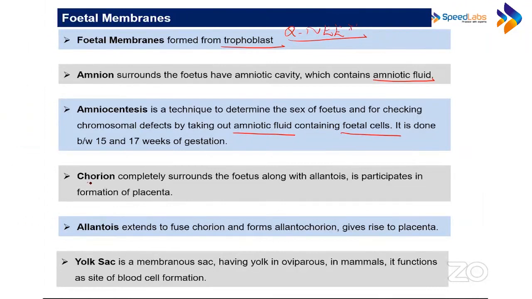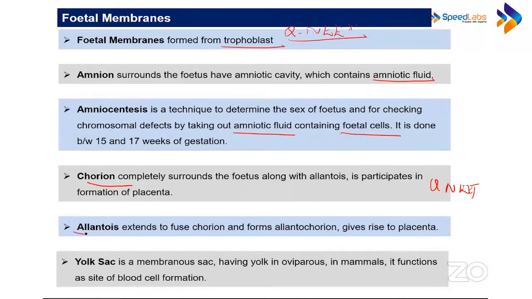Chorion is the outermost membrane. This is also important. The outermost is the chorion, after that is the amnion, and inside is the fetus. And the allantois comes out of the yolk sac, from the out pouching of the yolk sac. All right.